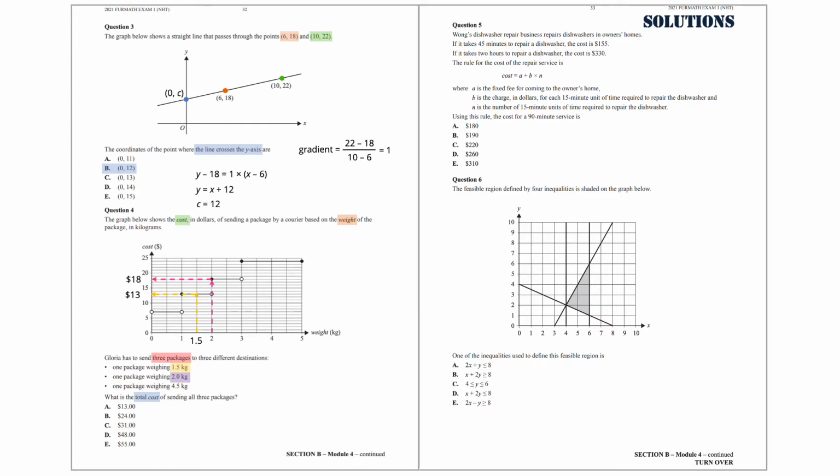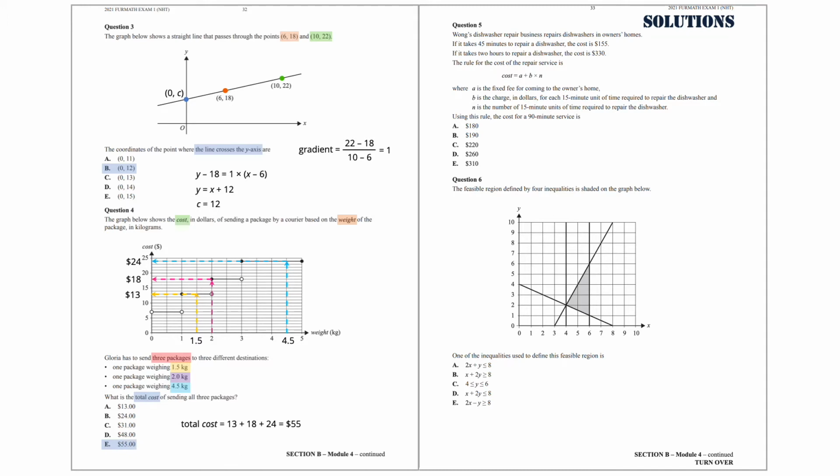And then the package weighing 4.5 kilograms, we go up and then across, and that is $24. So the total cost equals 13 plus 18 plus 24 equals $55. So the answer we're after is option E.